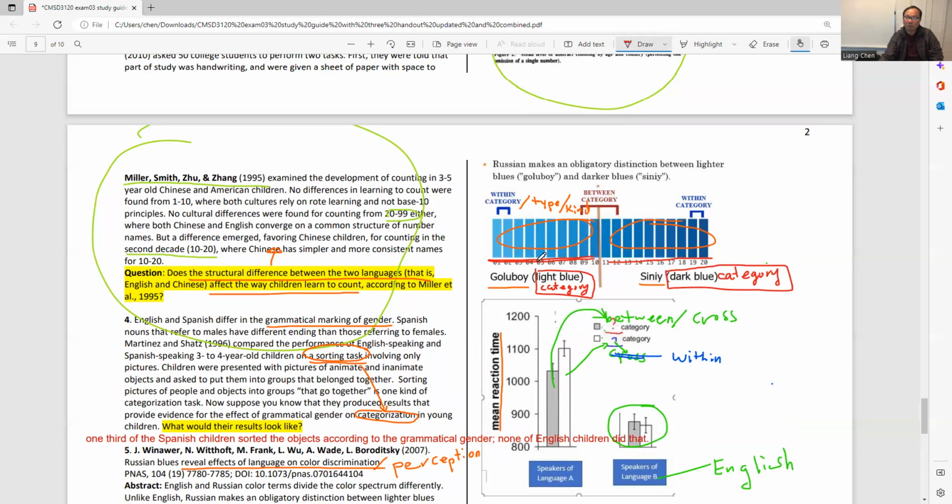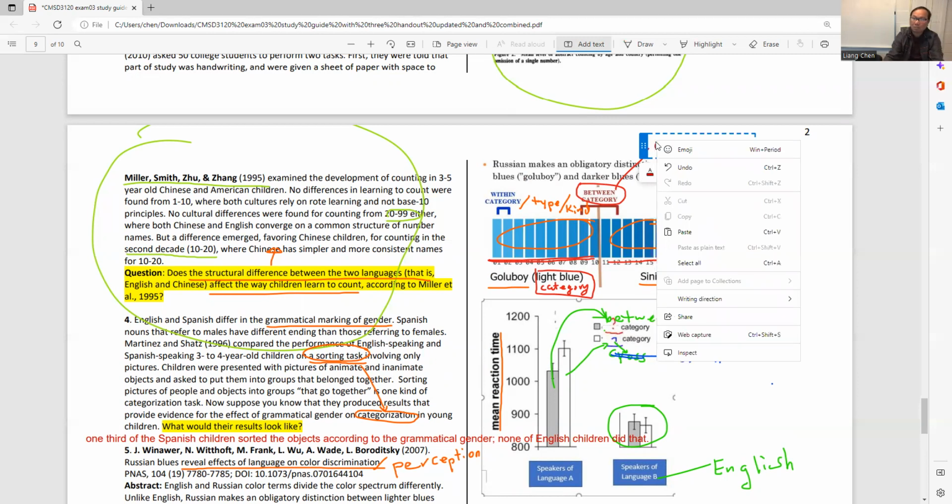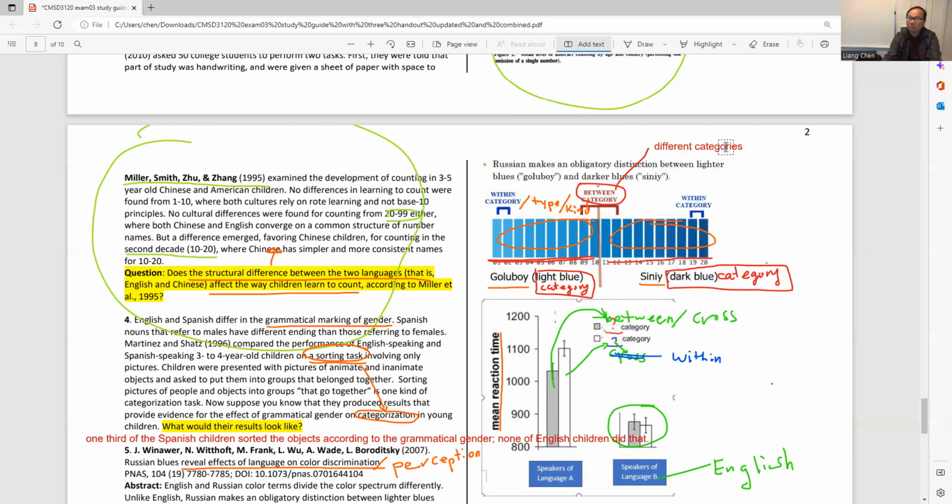That's between category, from different categories. Between category is sometimes called cross category.